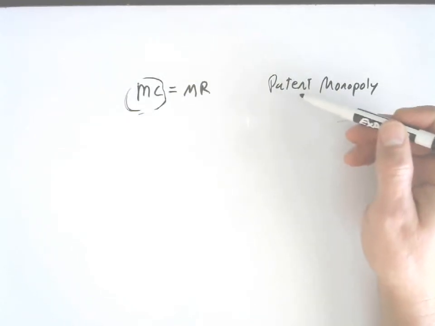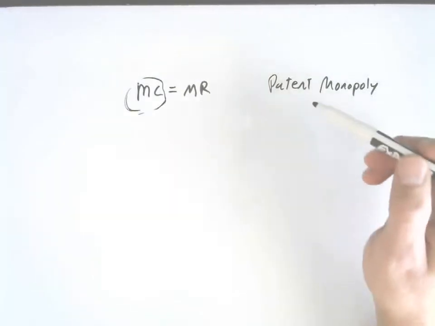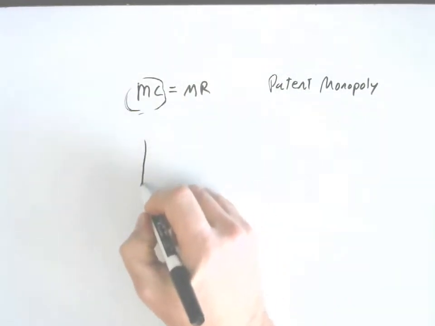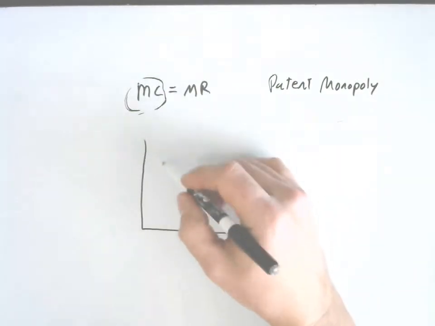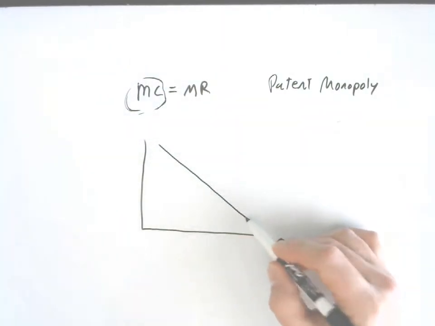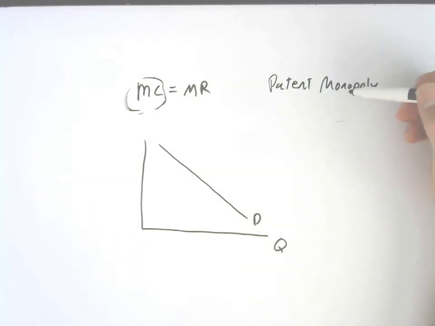But there's a unique characteristic about a monopoly, and that's the fact that it is the only firm in the industry. What does that mean? That means the demand curve that we all know and love as the market demand curve is exactly the demand curve that the patent monopolist, or any monopolist, faces.